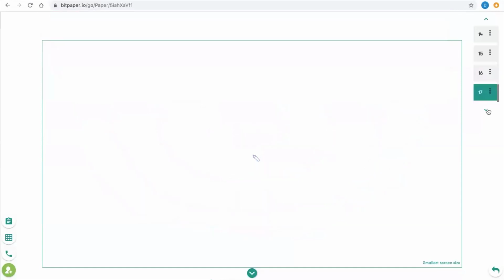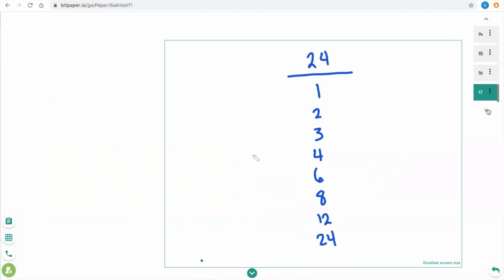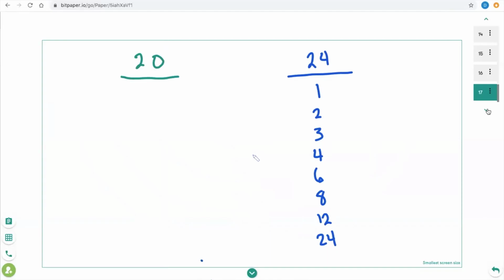So we had the factors of 24 were 1, 2, 3, 4, 6, 8, 12, and 24. Then we had the factors of 20 were 1, 2, 4, 5, 10, and 20.